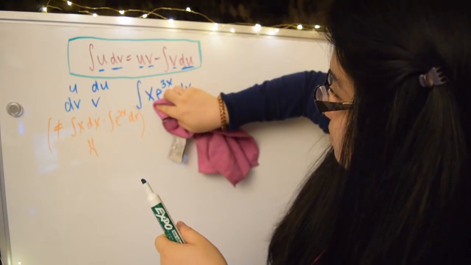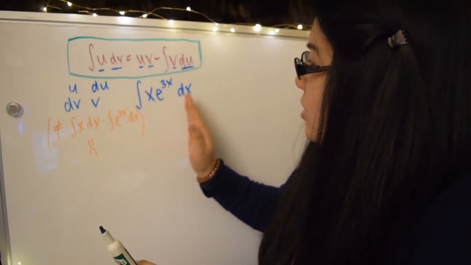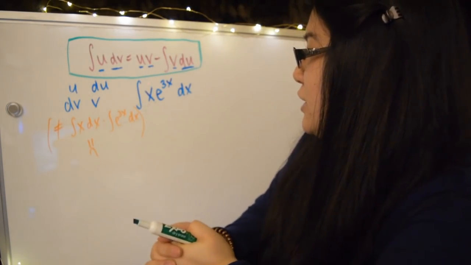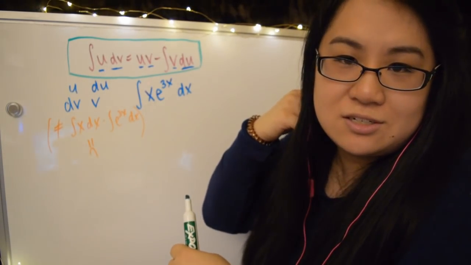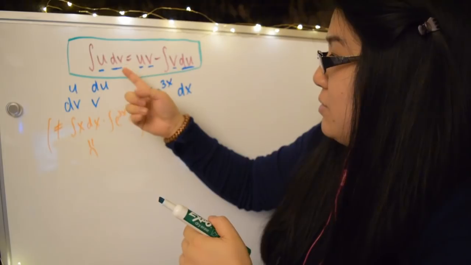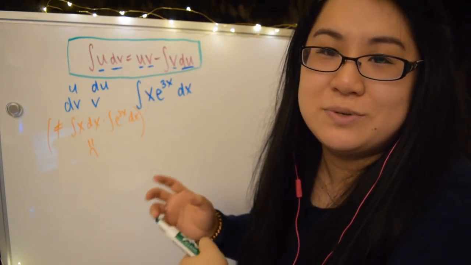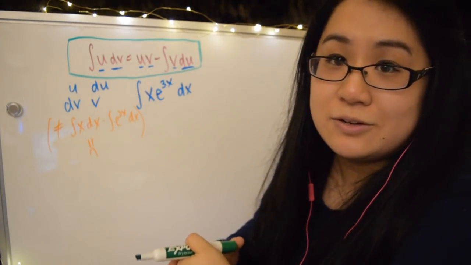So just remembering what our goal is, which is to pick the parts so that we can actually make our lives easier, because potentially if we pick the wrong parts, it's not going to be wrong if you plug into this, but this might not make your life easier. You might just get another complicated integral, and that doesn't help.